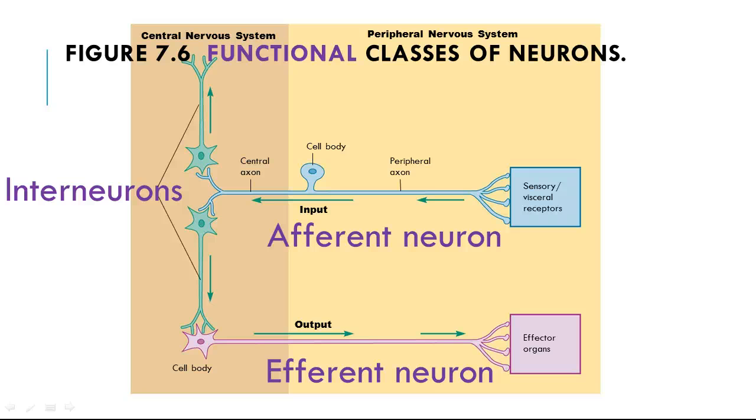But the reason I like this is it illustrates what I try to point out in the roadmap. Our afferent nerves terminate in the central nervous system. They talk to, if you will, the dendrites or cell body of our interneurons, which talk to the cell bodies and dendrites of our efferent nerves.